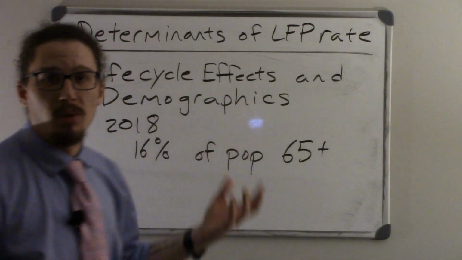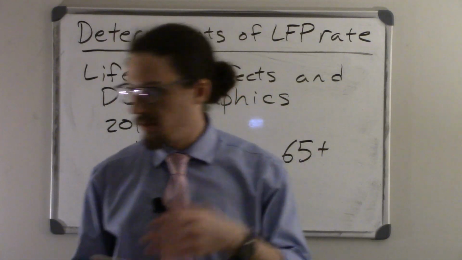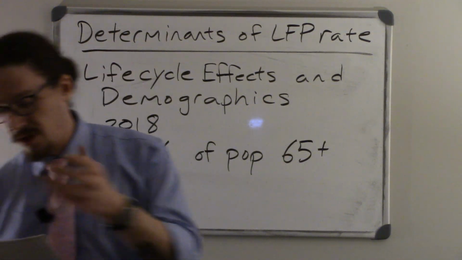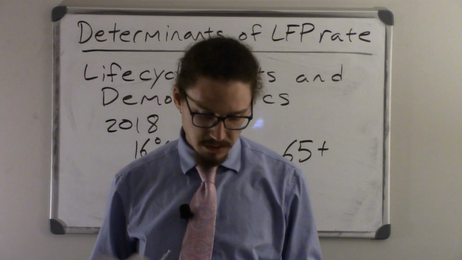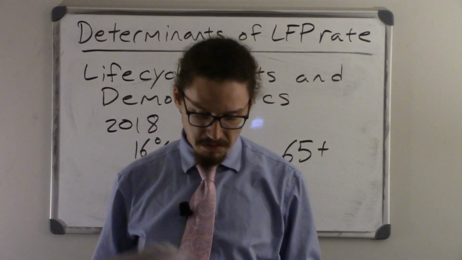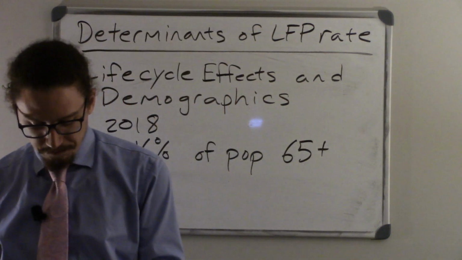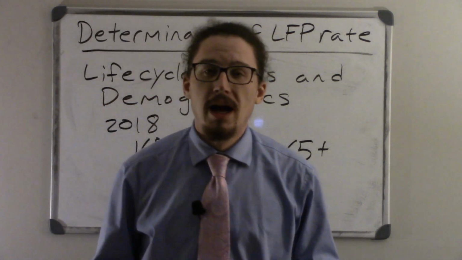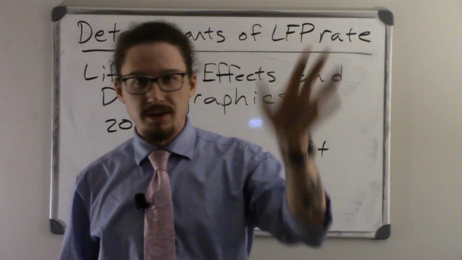So that's much lower than that 60.8 that we saw, whatever it was when I was looking at this. Was that 18 or 19? It doesn't really matter. Anyways, that's much lower.